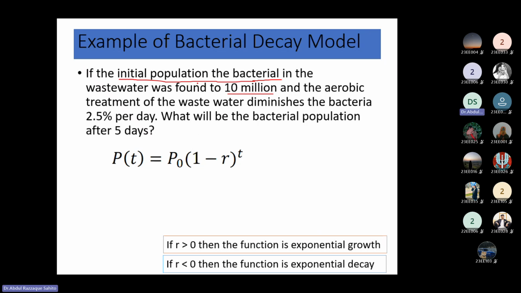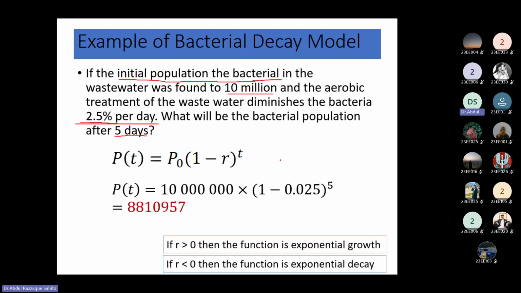Aerobic treatment was given to the wastewater to diminish the bacteria, in order to kill or reduce the bacteria. We have used aerobic treatment, that is, we have supplied oxygen or air. And the rate at which it is decreasing is very quick, at 2.5%. What will be the population after 5 days?